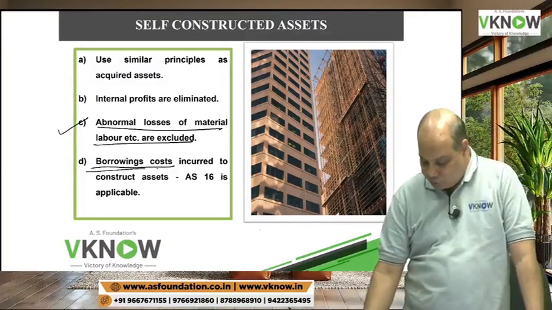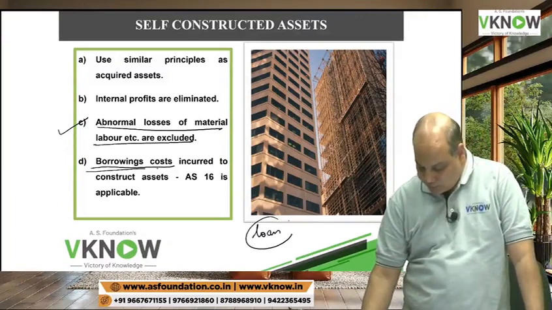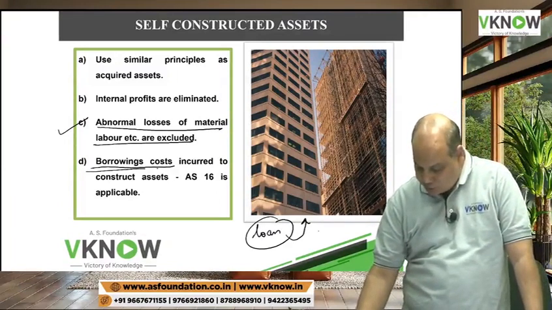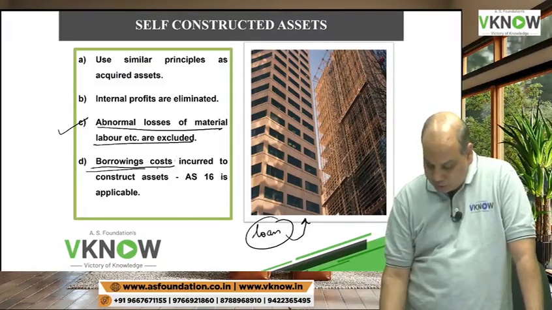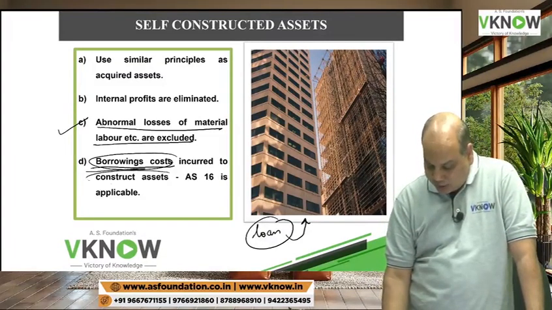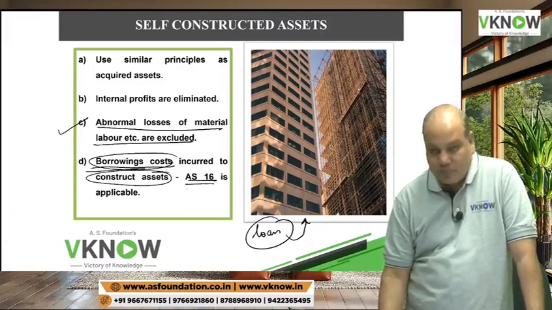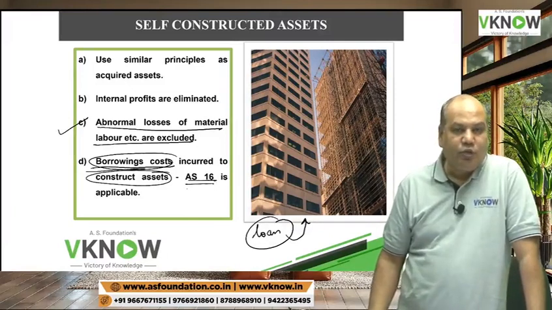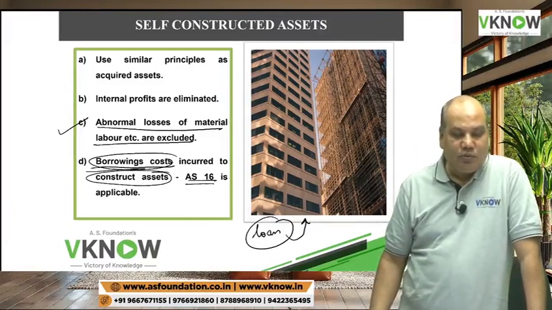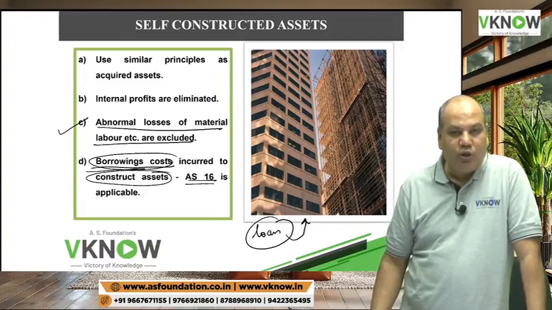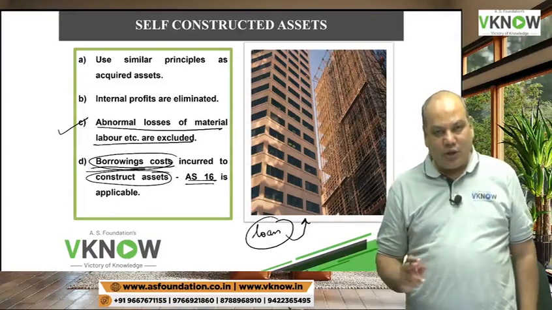In case a loan is taken for construction of this building, then interest will be capitalized as per AS-16. We have another chapter in our syllabus, AS-16 borrowing cost. There we are going to learn how much and how to capitalize the borrowing cost over the self-constructed asset.